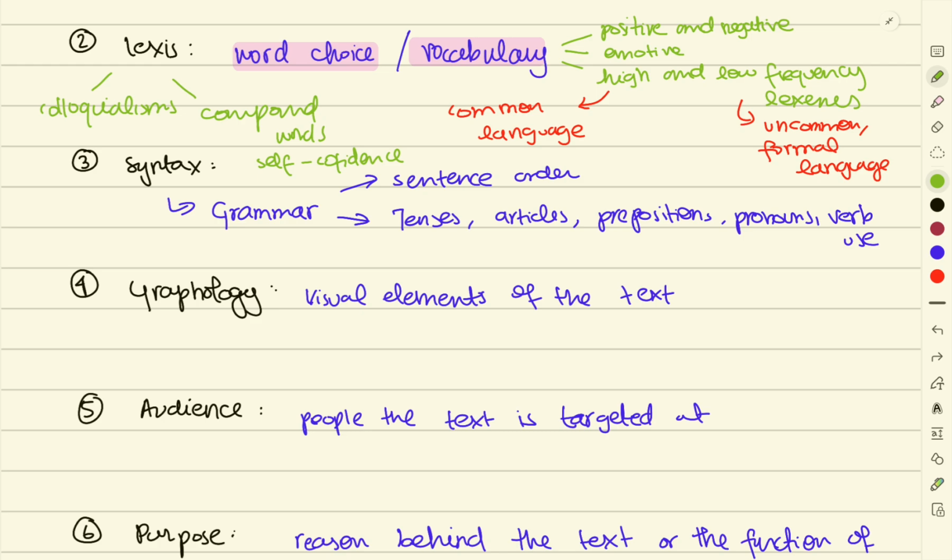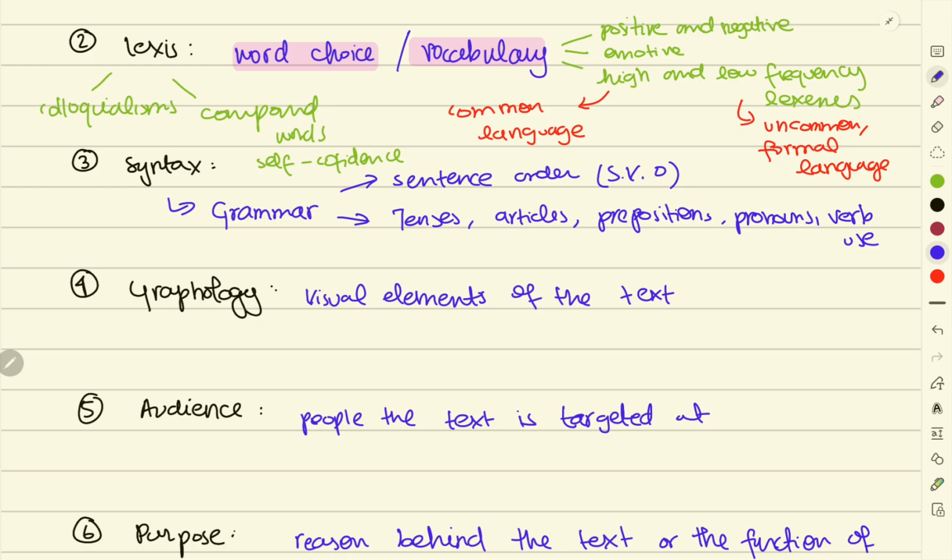Then we move on to syntax. Syntax basically refers to the grammar of the text. So when you're doing a syntactical analysis of the texts, you can talk about sentence order. Sentence order is the way the words are ordered in a sentence. The standard sentence order is SVO, which stands for subject, verb, object, in case you didn't know that.